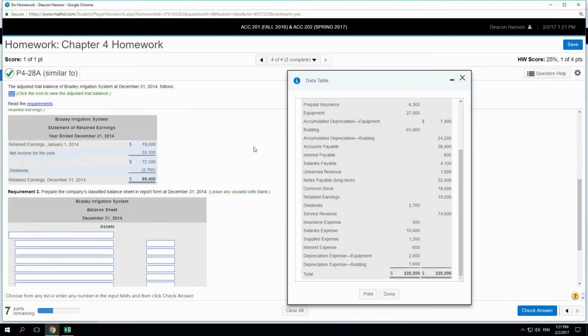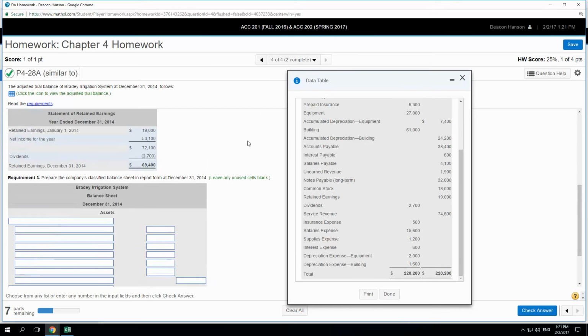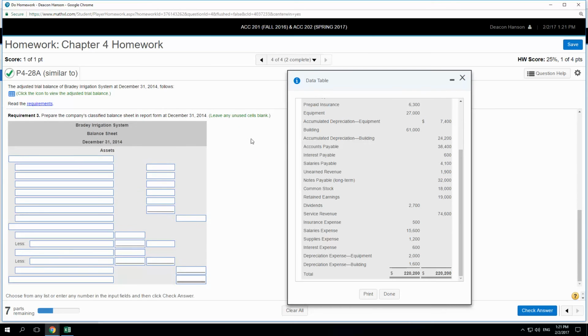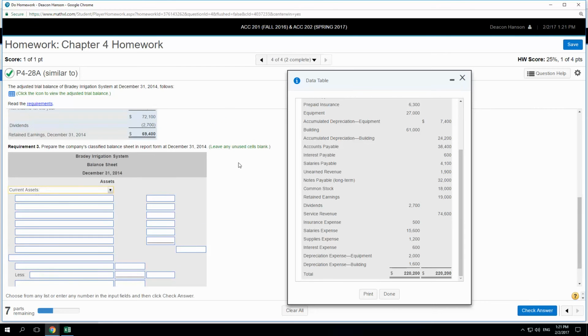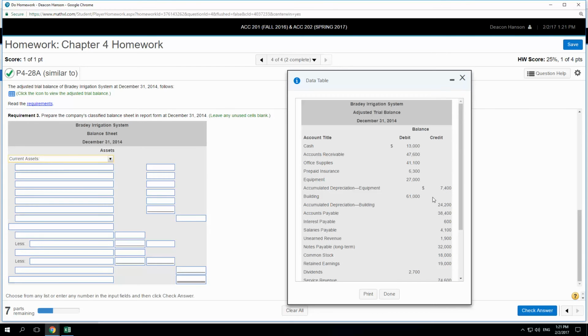Okay. Then finally, we're going to make our balance sheet. What we got to remember is our balance sheet, in this problem, they're giving it to you in sections. So we got to start with our assets. So we're going to have what we call current assets. Do you remember the definition of current assets?